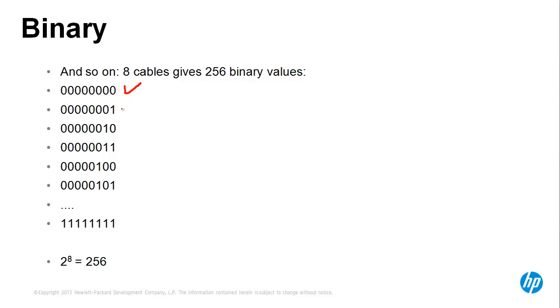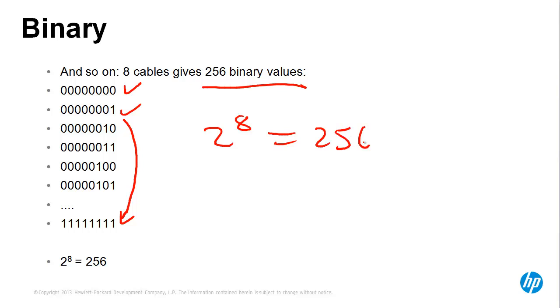If you went through all those combinations, you would end up having 256 combinations or 256 binary values. 2 states across 8 cables gives you 256. Now for the sake of time, we're not going to do that here. But if you decided to work it out, you would see that you get 256 binary combinations.